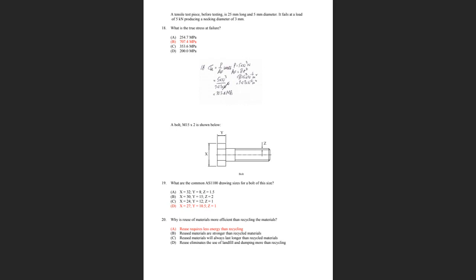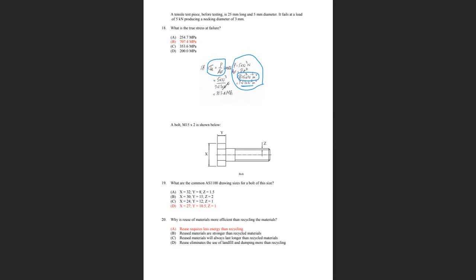So first thing you do is write down your formula here, and you're asked to find the true stress. So you've got true stress is equal to load over area at failure, and put all your data down here, and notice that I've worked out what the area is there, so you don't have to transfer all this information to your equation.